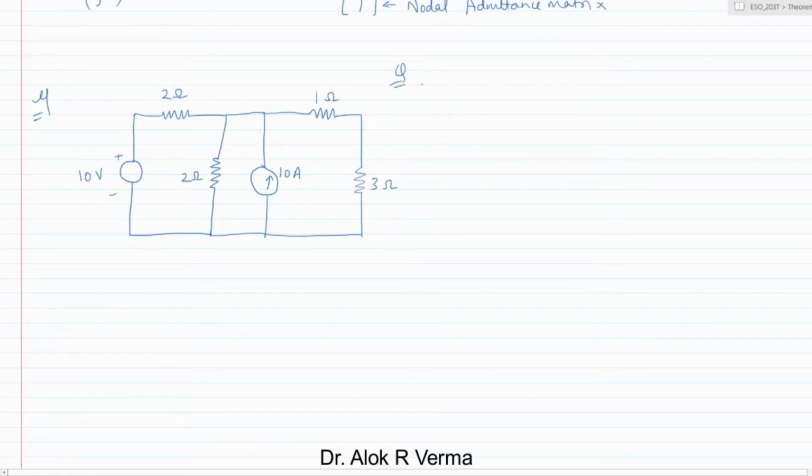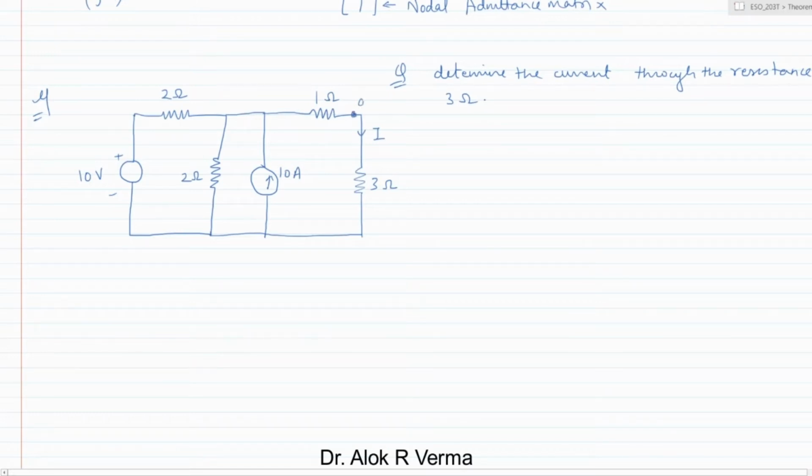The question statement is: determine the current through the resistance of 3 ohm. Suppose this is the current I. We have to find the current I.